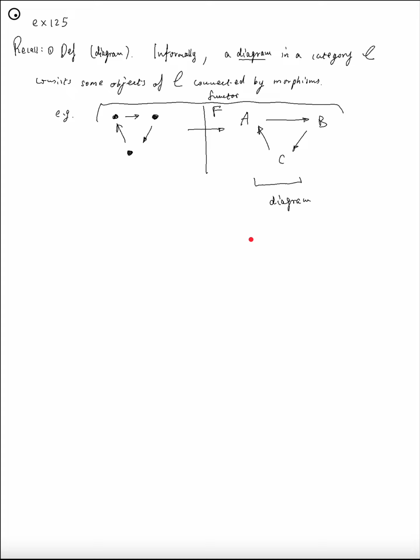You could think there are different diagrams, for example, a diagram like this is a diagram, and then diagrams like this also give you a functor. Diagrams like this give you a functor.